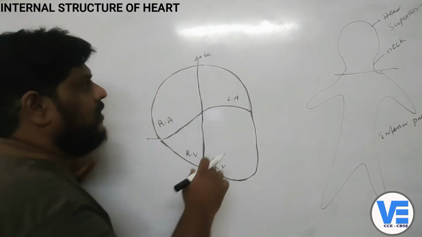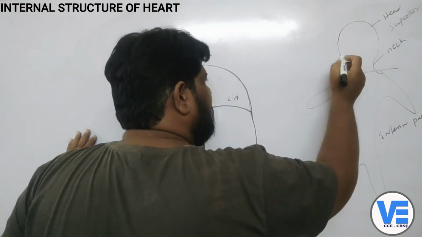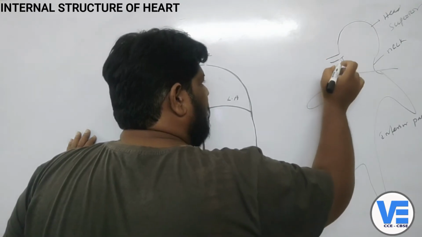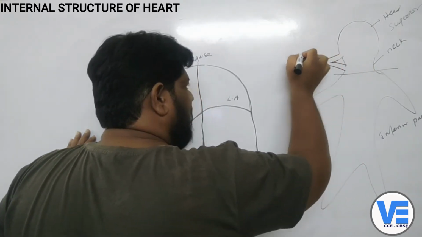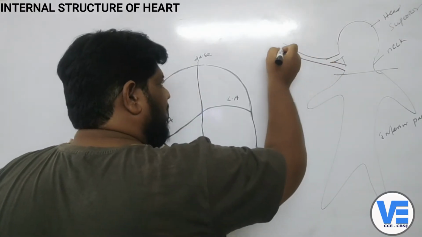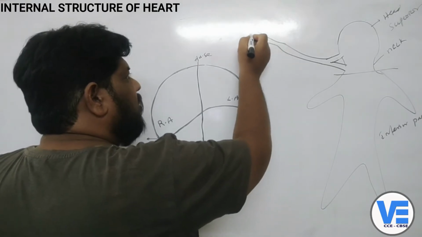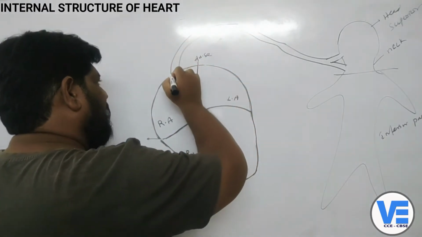I'm drawing it here now. One such blood vessel brings blood from the head and also from the neck region, right? So there is a blood vessel which brings the blood from the head and neck, which are the superior parts, and they will bring the blood to the right auricle.